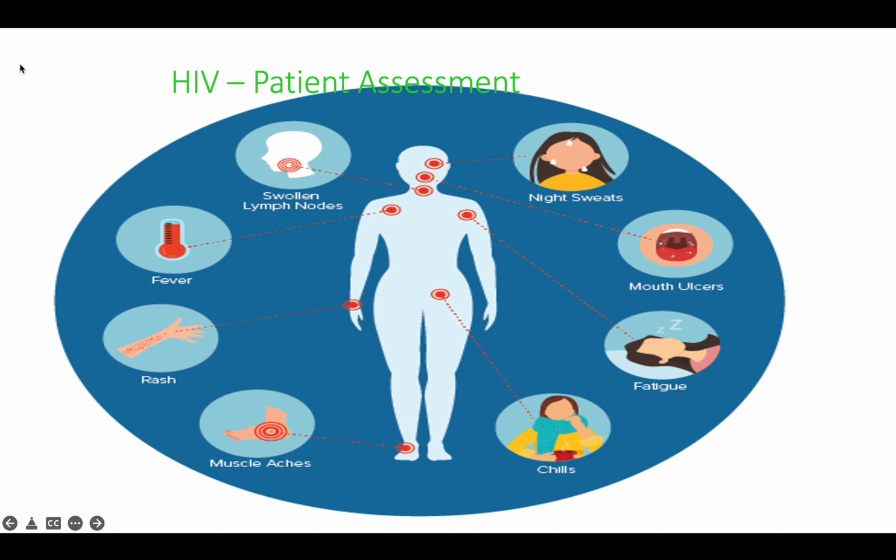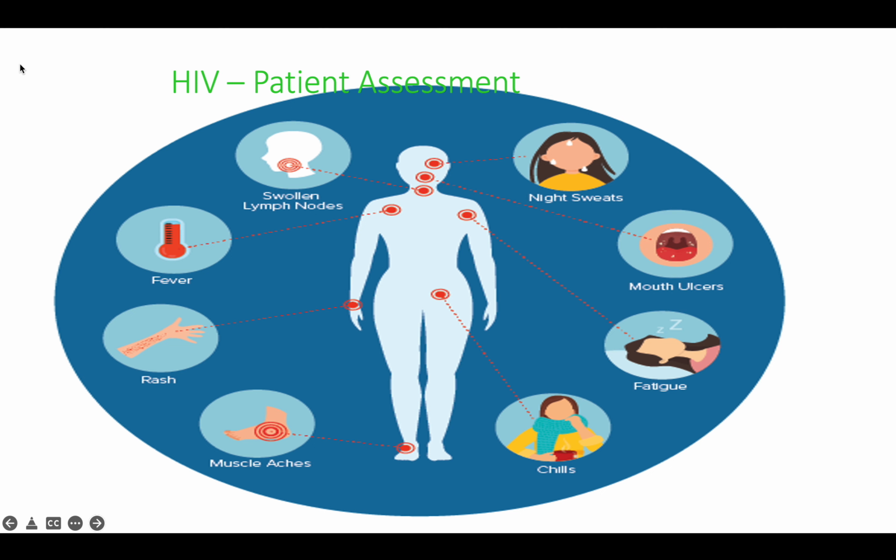When we look at our patient that has HIV, what are some symptoms that we might see in our patients that have this? We know HIV is a state of immunocompromise if they have active disease, right? So when a patient is immunocompromised or immunodeficient, what assessment findings do you see? Swollen lymph nodes, fever. Maybe we see a strange rash, right? Maybe they're achy or having chills, right? Maybe they're really tired.